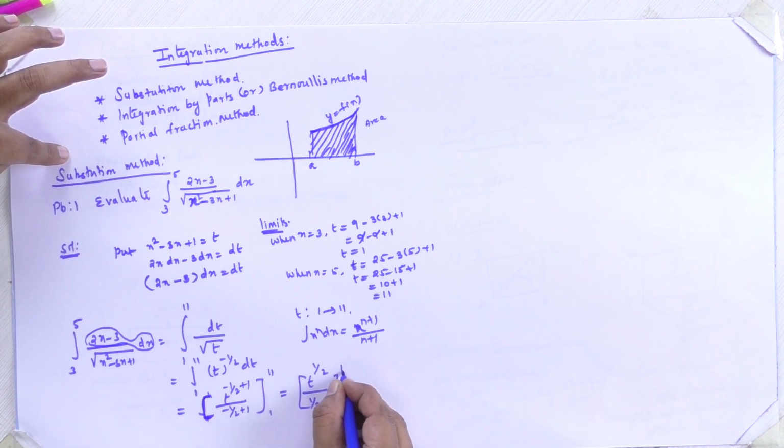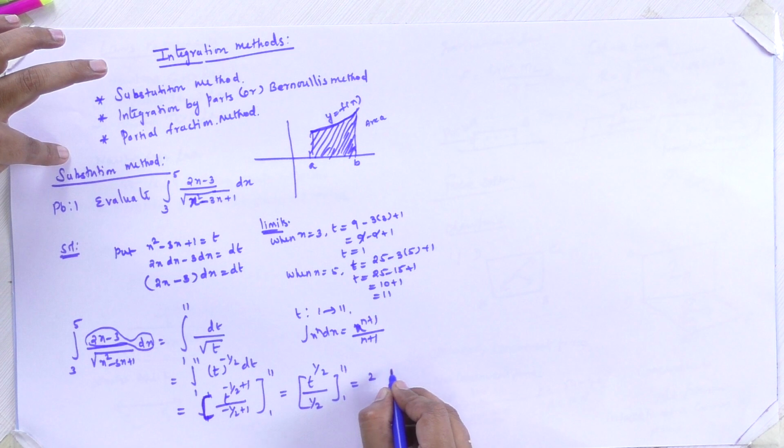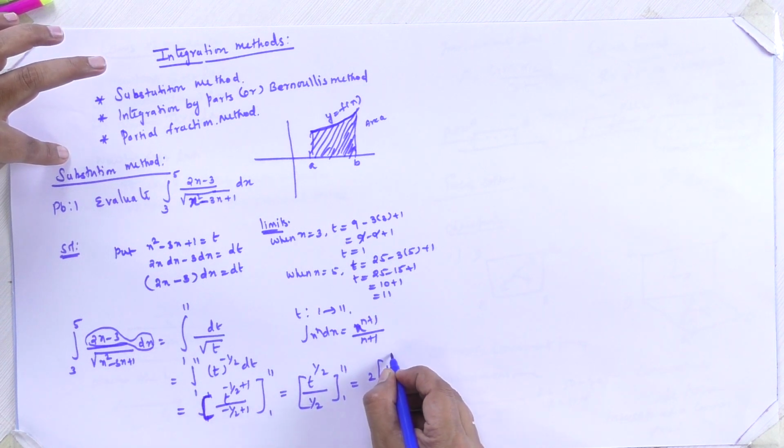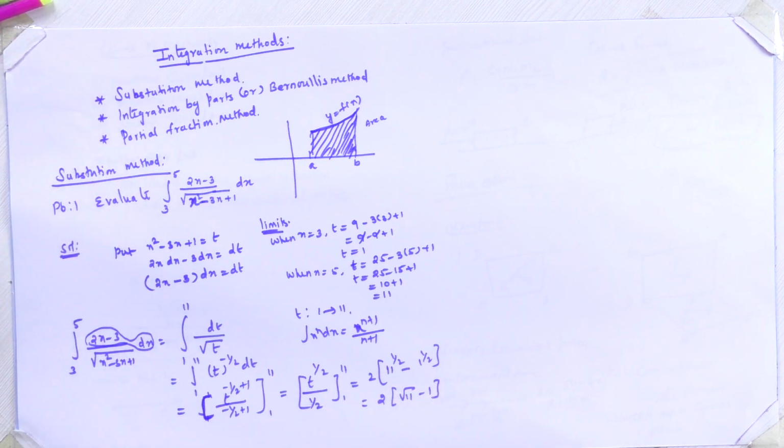The limits are 1 to 11. The reciprocal of 1 by 2 becomes 2, so 2 times t, applying the upper limit 11 power 1 by 2 minus 1 power 1 by 2. Or you can write it as 2 times root 11 minus 1, which is the answer for this problem.